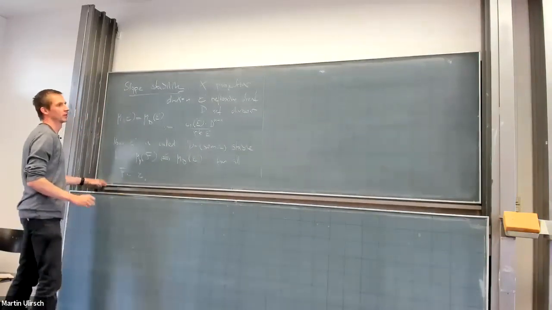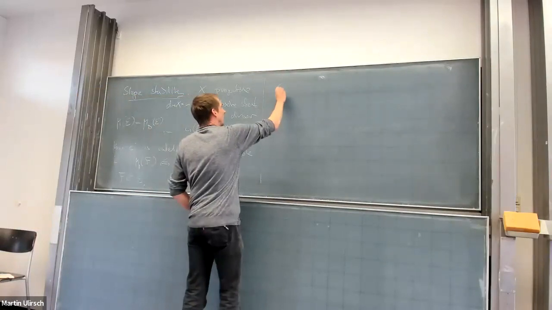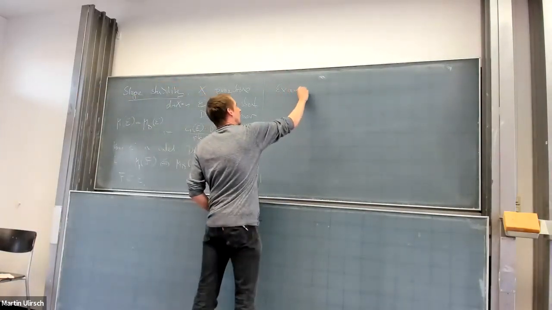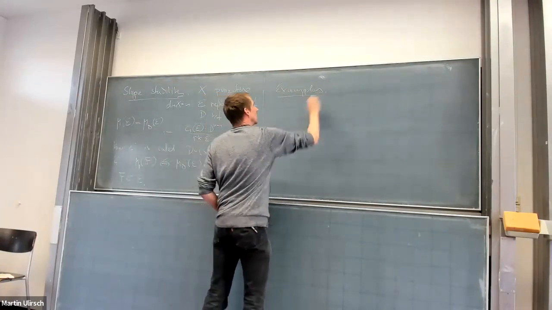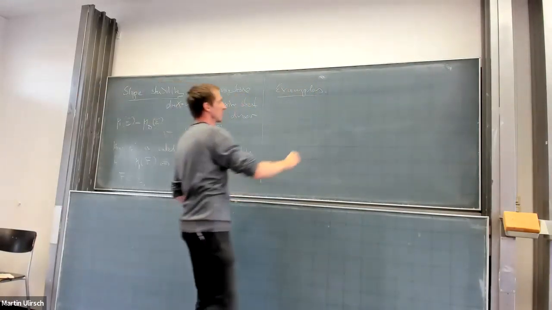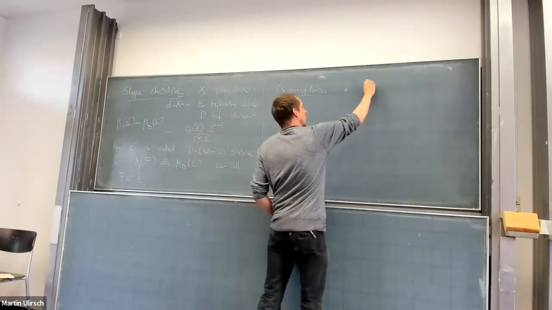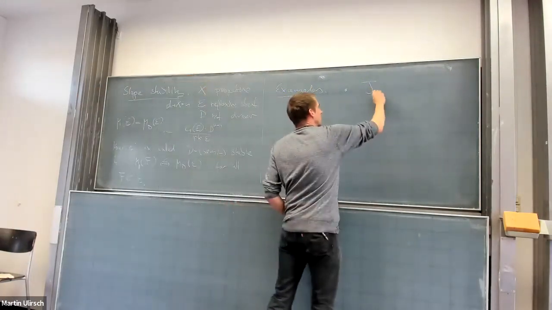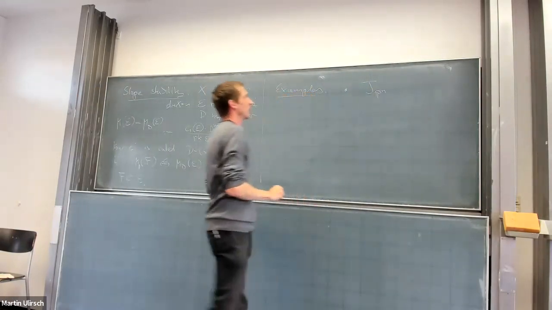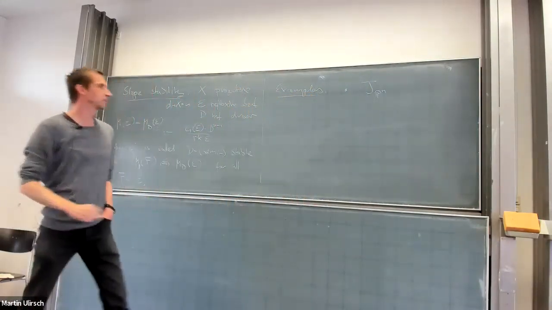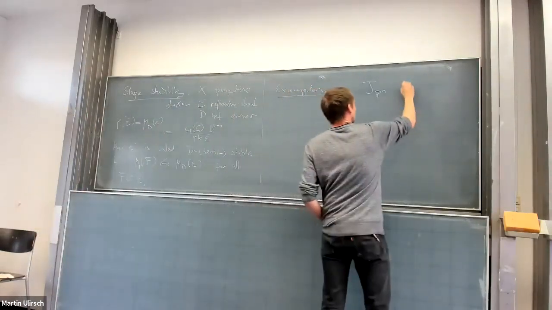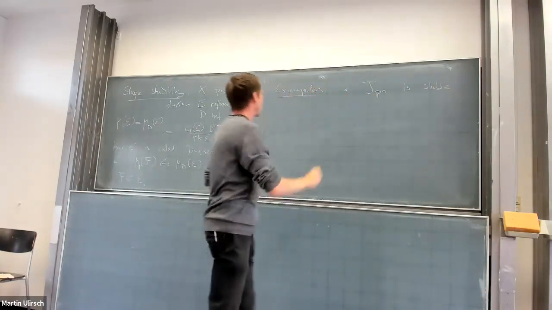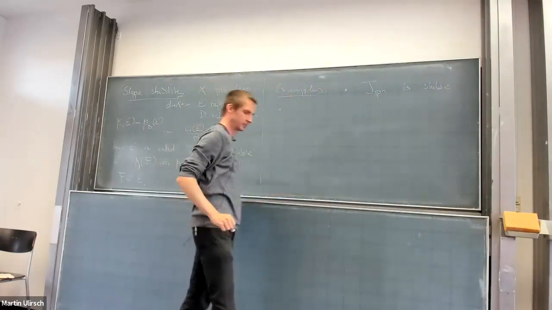Let me start with very basic examples, but which will play a role in the remainder of the talk. So, the first one is if we take the tangent bundle on projective space, then this is in fact stable. Okay, and I'm not going to give a proof.